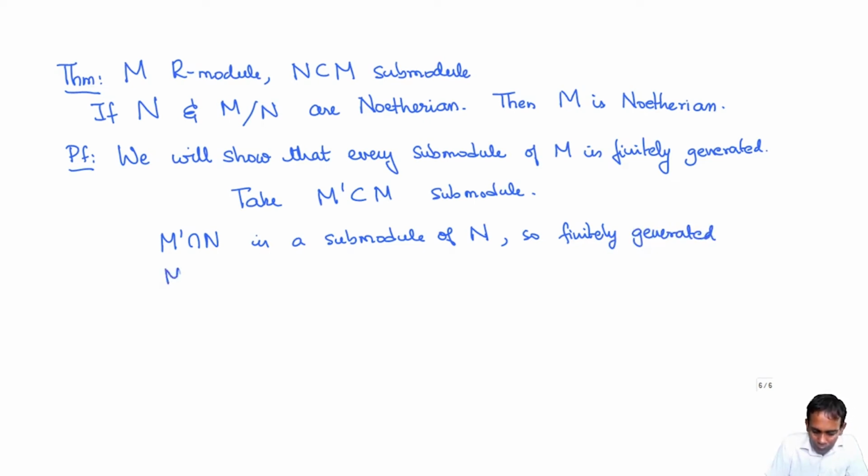And now I want to take M prime modulo N, but N is not a submodule of M prime, so I have to take M prime modulo M prime intersect N.